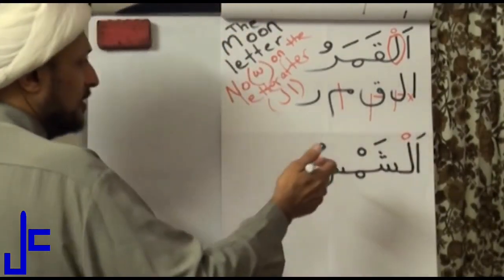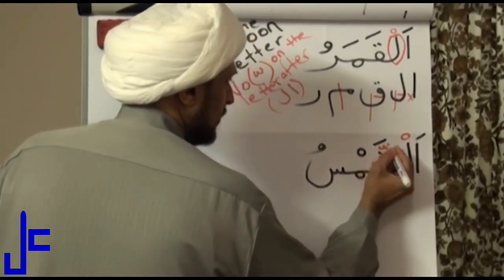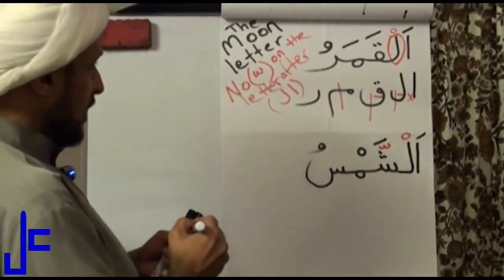Ash-shamsu. Remember, al-qamaru. The lam sound was there. Here, ash-shamsu. So the lam has disappeared. That means there is a shadda here. So here's the thing.